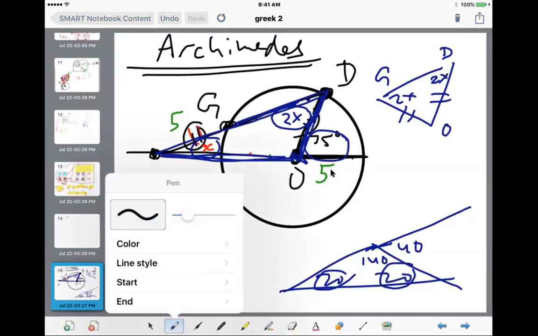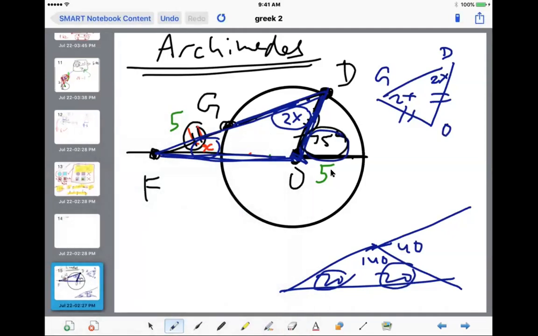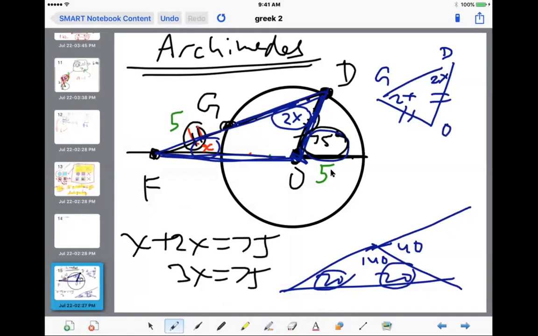So what can you say now? Yes, it's the exterior angle. So x plus 2x equals 75, or 3x equals 75, or x is 25, which means it's exactly 1/3 of the 75.